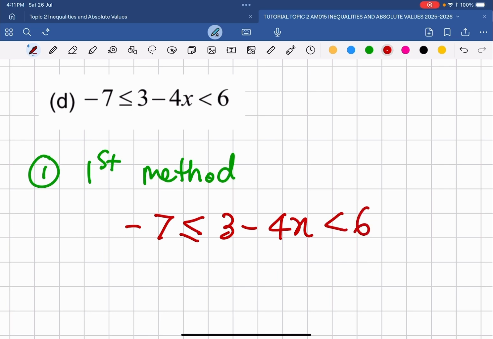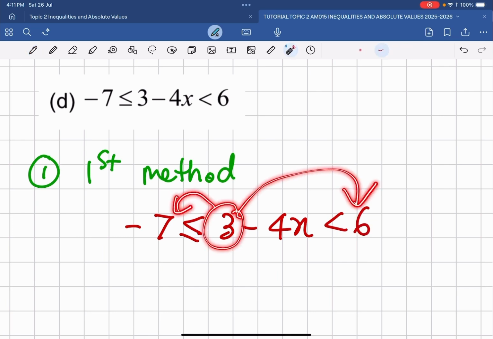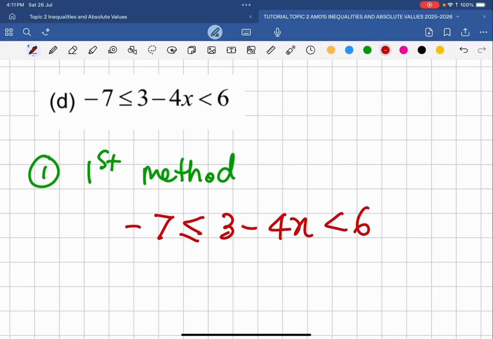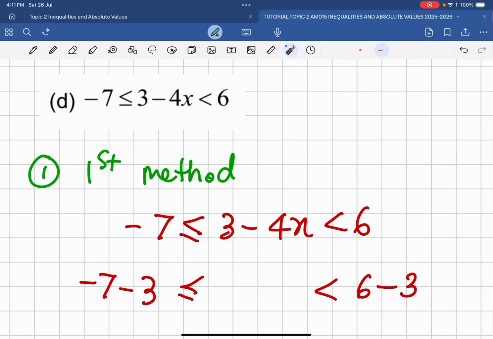We're going to move this 3 on both sides. Okay, so negative 7 will minus 3. Okay, and 6 will also minus 3. So once we move our 3 on both sides, we're left with negative 4x in the middle.